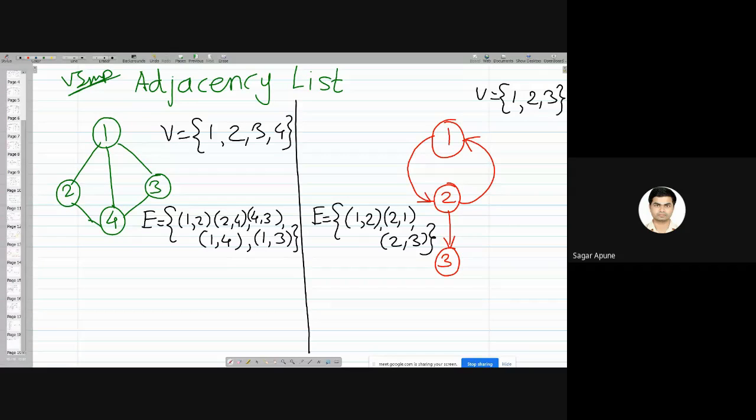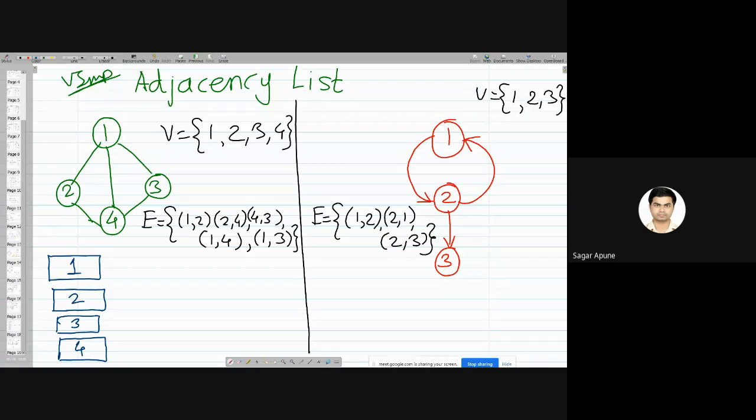So how to represent an adjacency list? By using linked lists. Create a linked list for each and every vertex. This is my linked list for vertex 1, this is my head node. How many nodes are there? 4 nodes. This is my linked list for 2, this is for the third vertex, and this is for the fourth vertex.